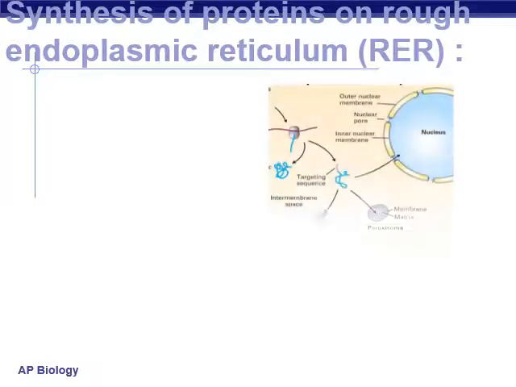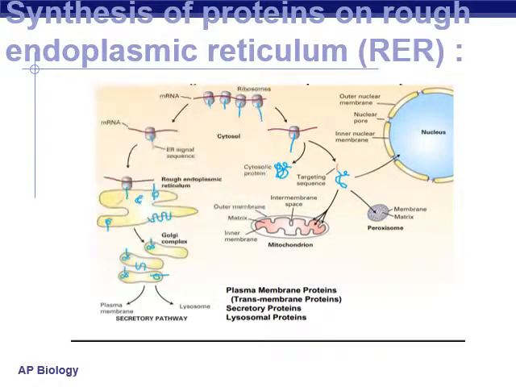The synthesis of proteins on the rough endoplasmic reticulum begins when messenger RNA leaves the nucleus and moves into the cytoplasm. Messenger RNA associates with ribosomes to form a polysome.